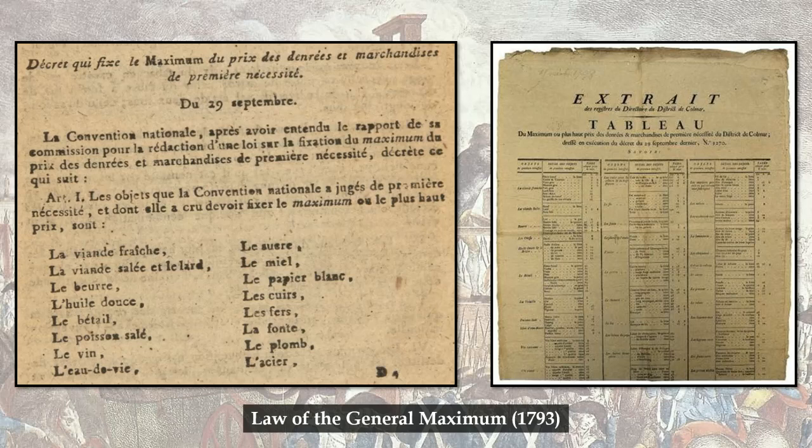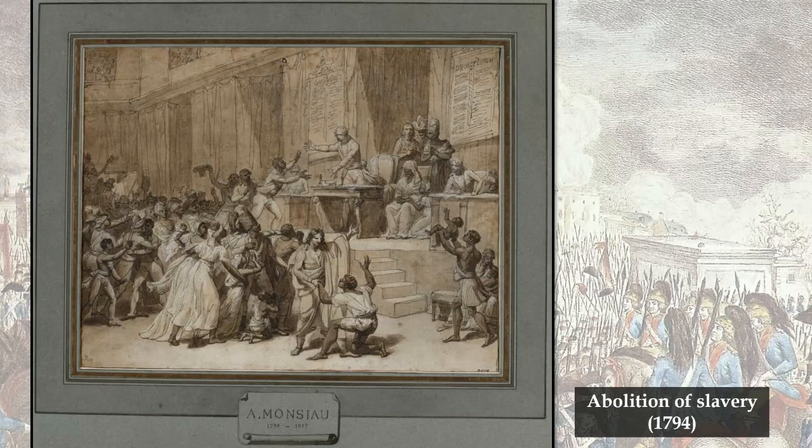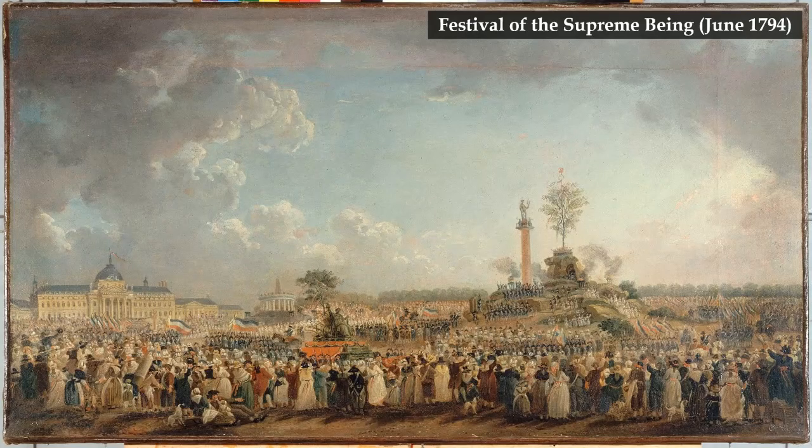They are going to distribute the assets of the counter-revolutionaries which were previously confiscated, such as the church lands, and education is going to become compulsory. They also abolished slavery, and this period is going to last until 1794.